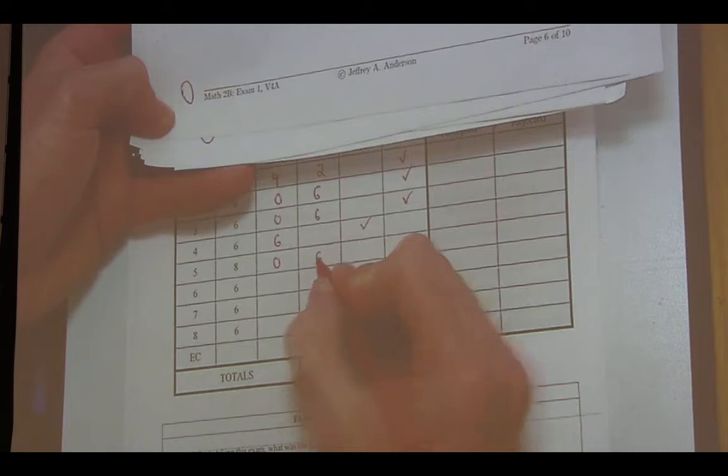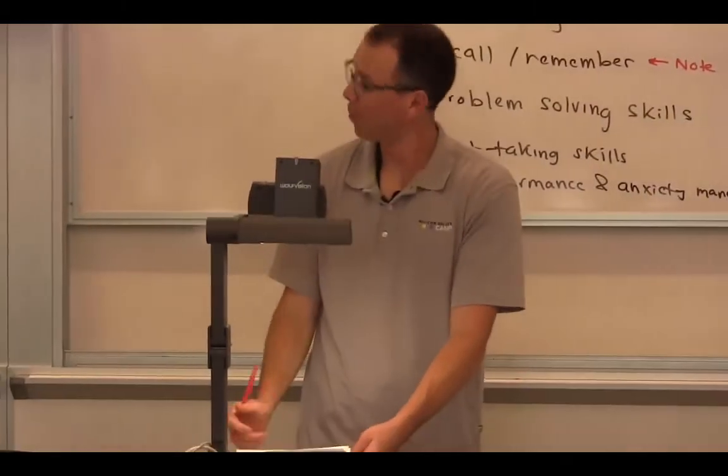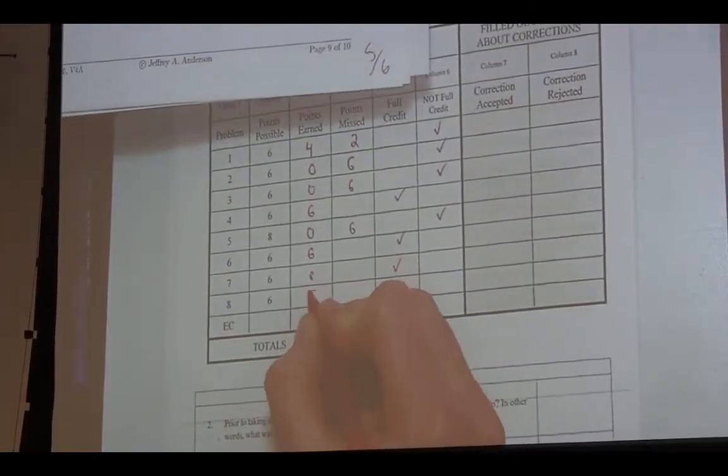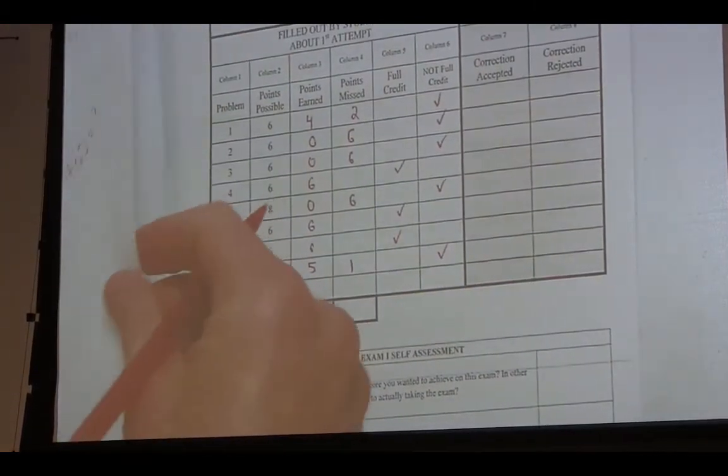Earned 0, missed all of them. Same thing, looks like they did pretty well here. Full credit on that one. Pretty good on that. All right. Last one, they got 5, they missed 1. Extra credit, looks like they didn't fill anything out for that.